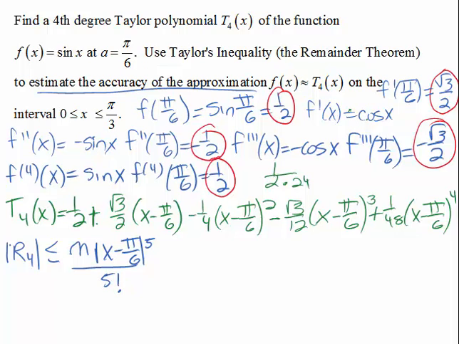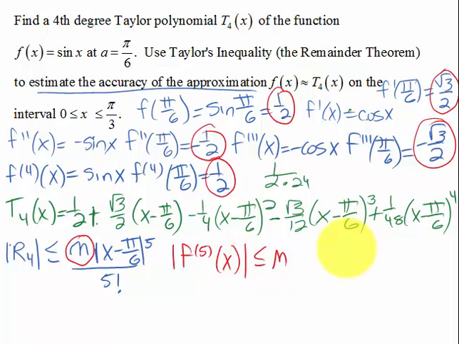So let's see what we could do to figure out a good approximation here. So this M is an upper bound for the fifth derivative, and so that is going to be less than or equal to M.